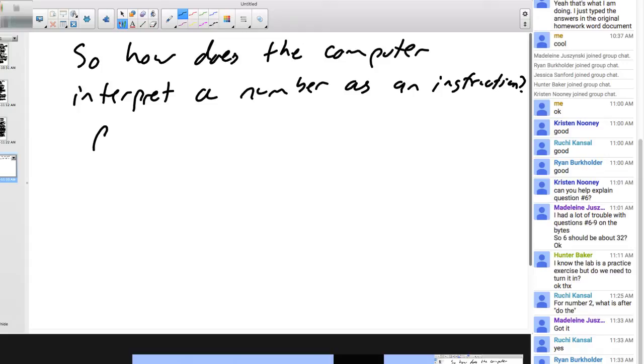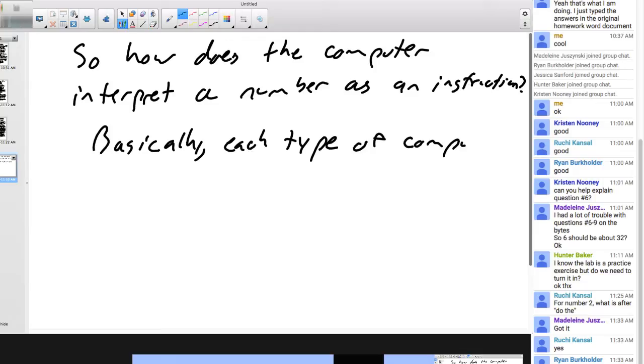Basically, each type of computer has its own what's called machine language.